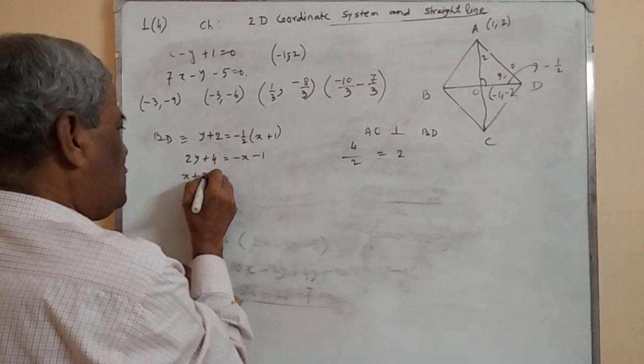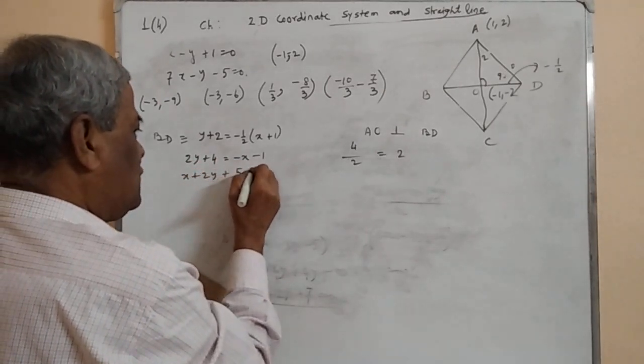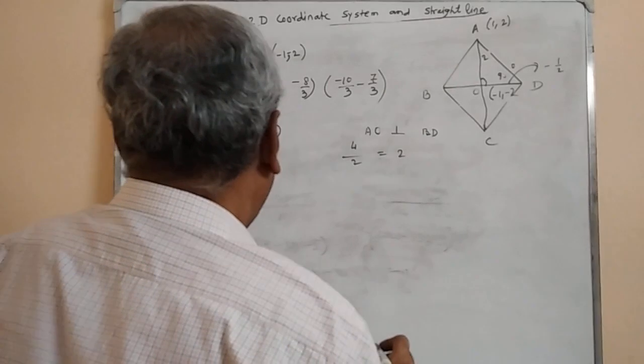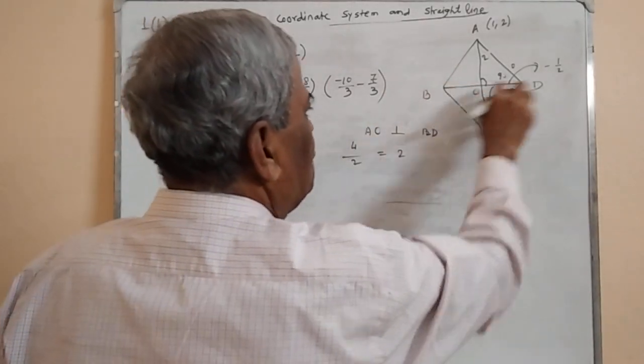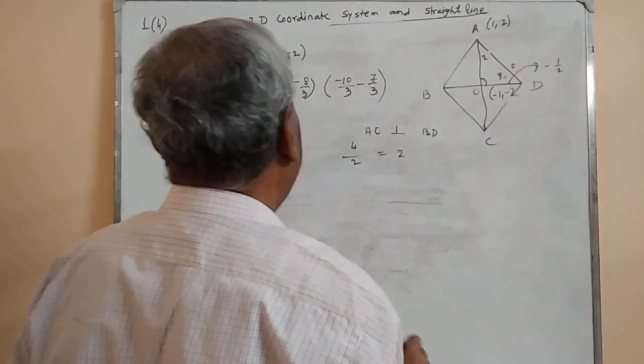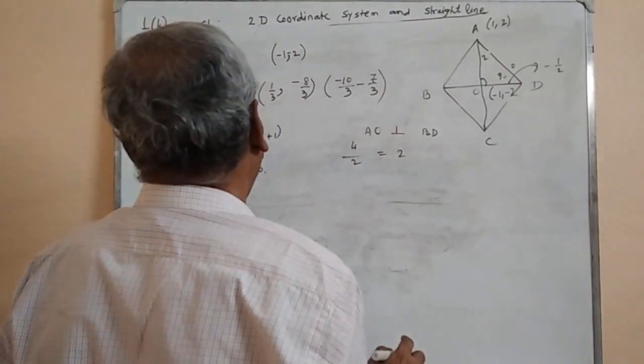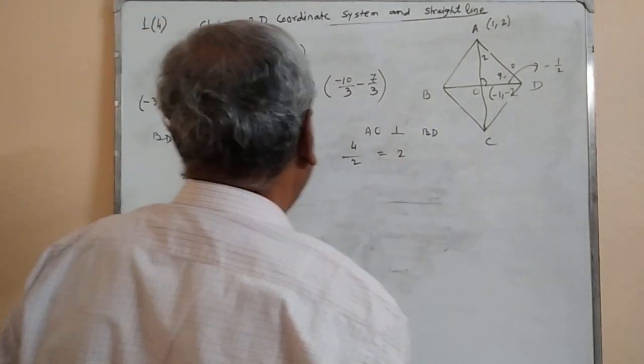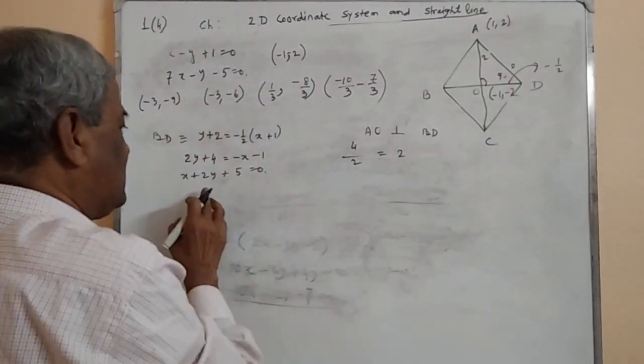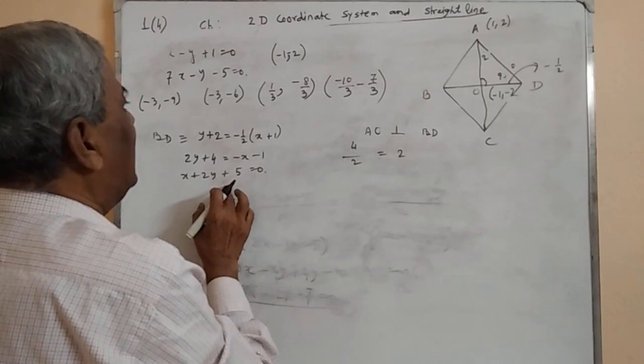That is x plus 2y plus 5 is equal to 0. So now this is the equation of that. Now let us verify which one of the following lies on that. Minus 3, minus 9 is not lying on that.